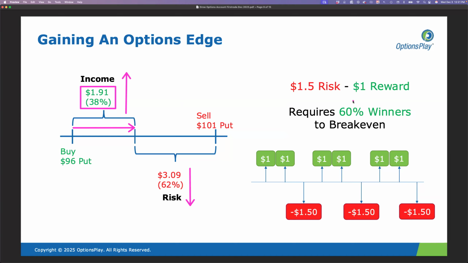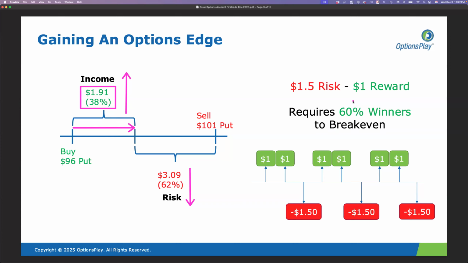So that's the first step in developing a strategy that can help you grow your trading account: finding credit spreads where you have a directional view on a stock and you can sell a credit spread collecting more than 1/3 of the vertical width, which is going to improve your odds of success on the trade.